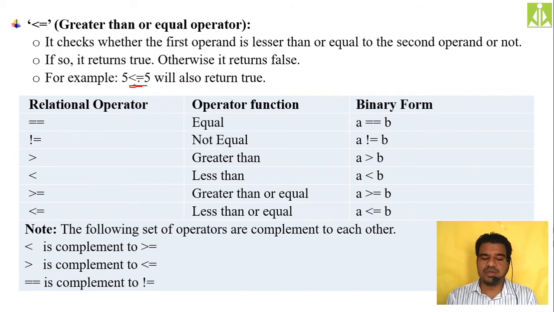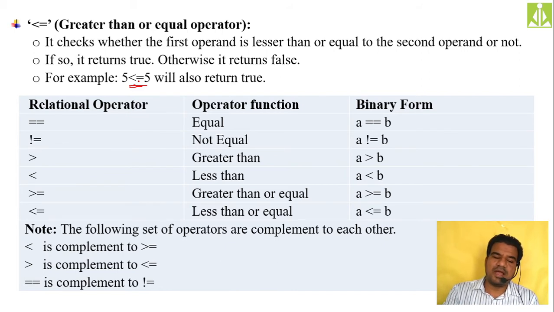If you want to see the complements, what operations are opposite to one another, here I have given the list. When you see the less than operation, the exact opposite operation of this less than operation is the greater than or equals to.